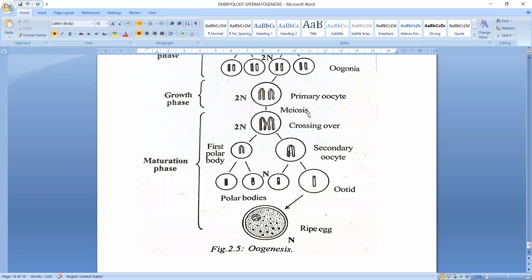From the diploid primary oocyte, a haploid secondary oocyte and a haploid primary polar body are formed. So here also there is a reduction of chromosomes.